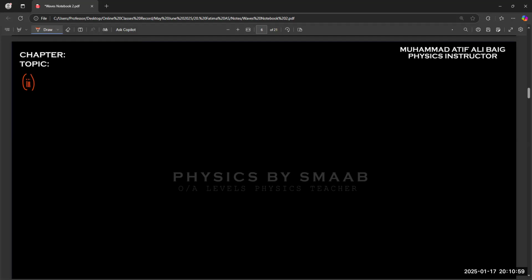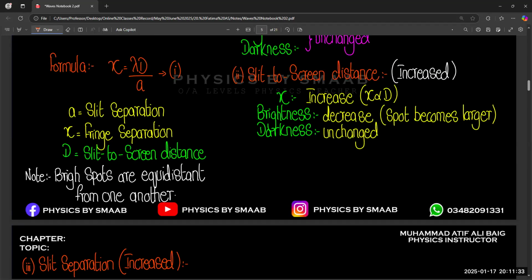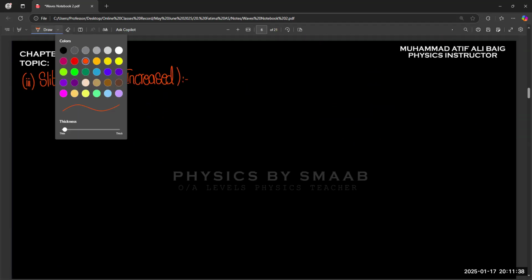Third factor is slit separation increased. Slit separation increased means we increase the value of a. So when we increase the value of a, let's see in the output what happens.